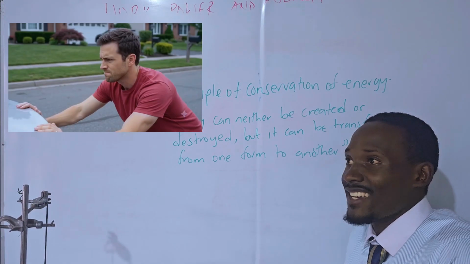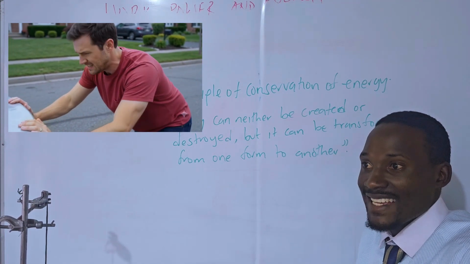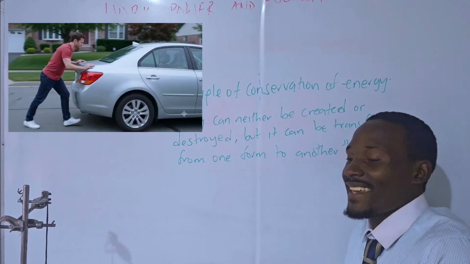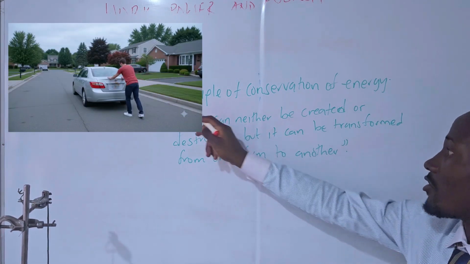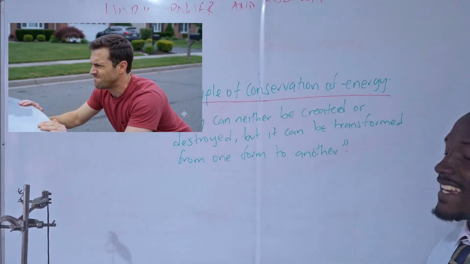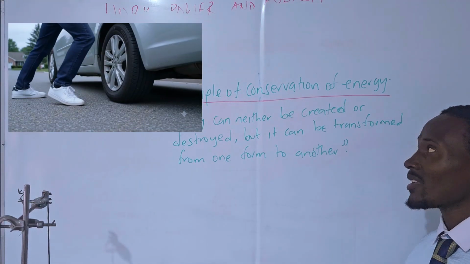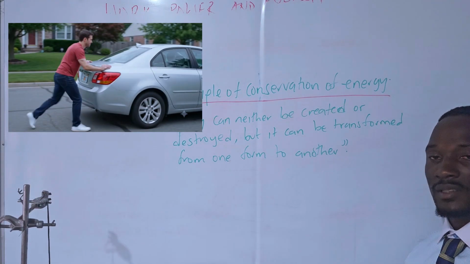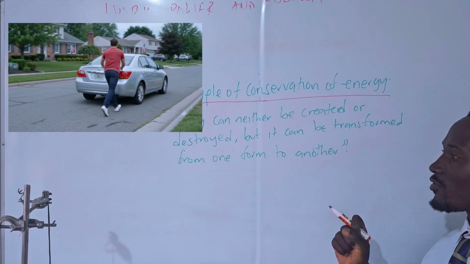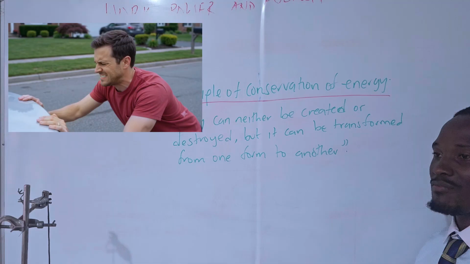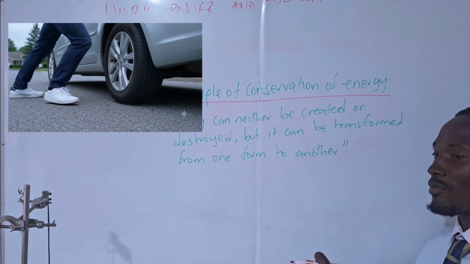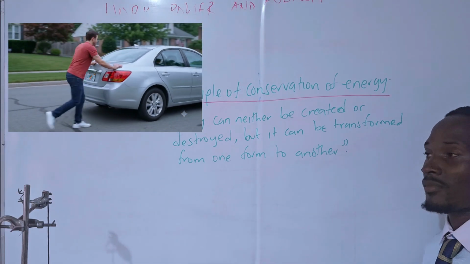We don't create energy from nowhere. Energy just comes from some other energy. That is what we call the principle of conservation of energy. Energy can neither be created nor destroyed, but it can be transformed, it can be changed, it can be put into another form from another form.